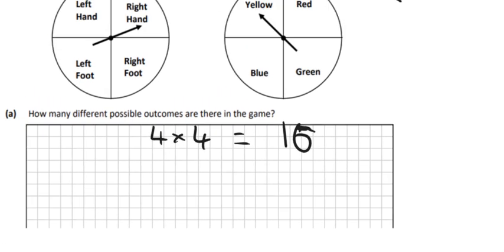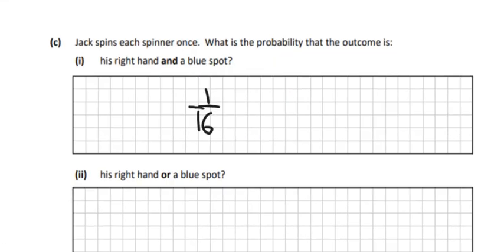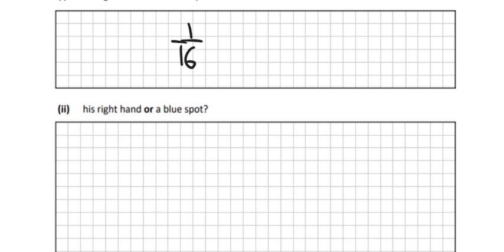There's going to be 4 which use his right hand, so 4 out of 16, and there's also going to be 4 where it lands on a blue spot, so 4 out of 16 as well. The thing to see here is that one of those is repeated, because one outcome lands on both at the same time.